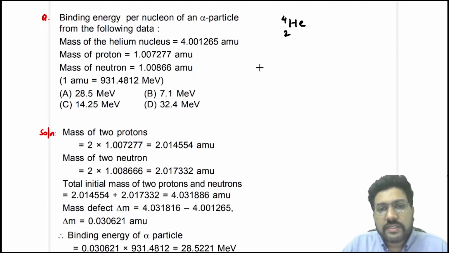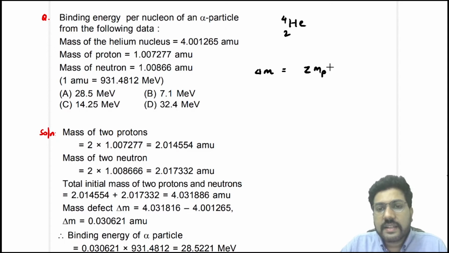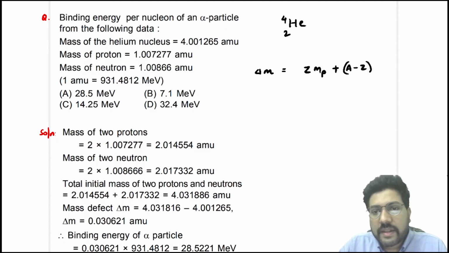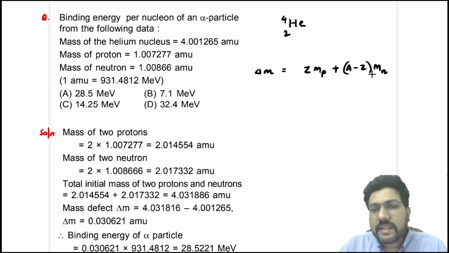So first, you know that binding energy is delta m into c square. So first we have to find delta m, right? Now delta m is Z into mp plus (A minus Z) into mn.